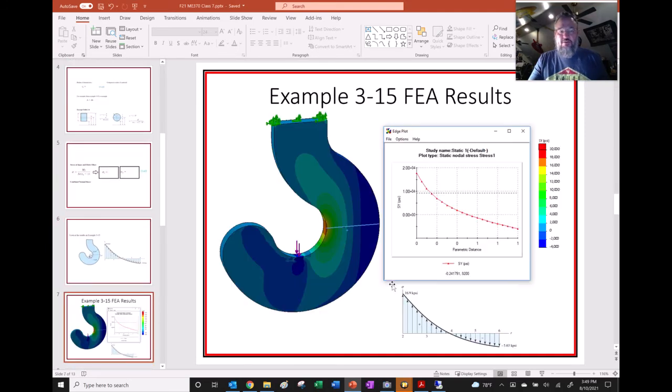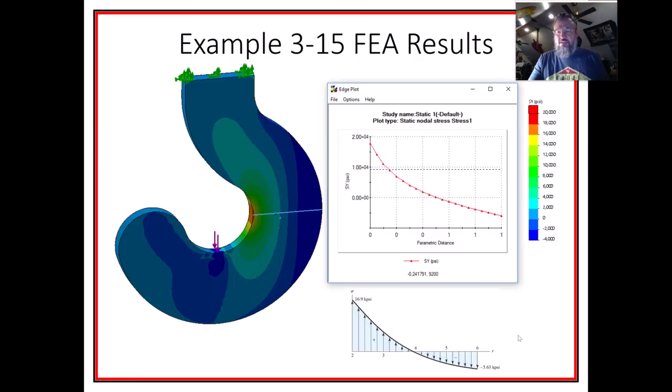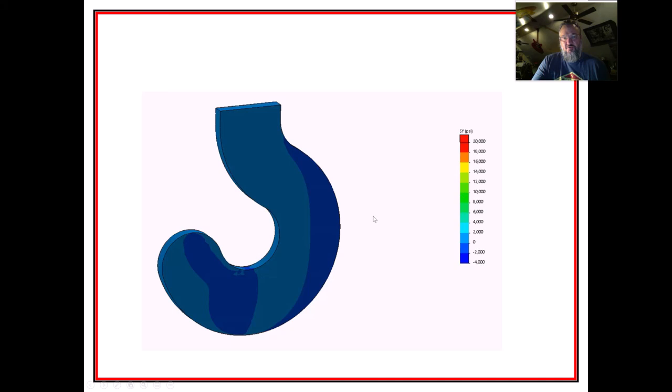I like to do FEA anywhere I can. I went ahead and did a FEA of this example, and you can kind of see this distribution through this cross section right there. Here is a plot of those stress values for nodes that are along this line right here that I created, and you could see how they match up with the shape of this, and also the magnitude of the results.